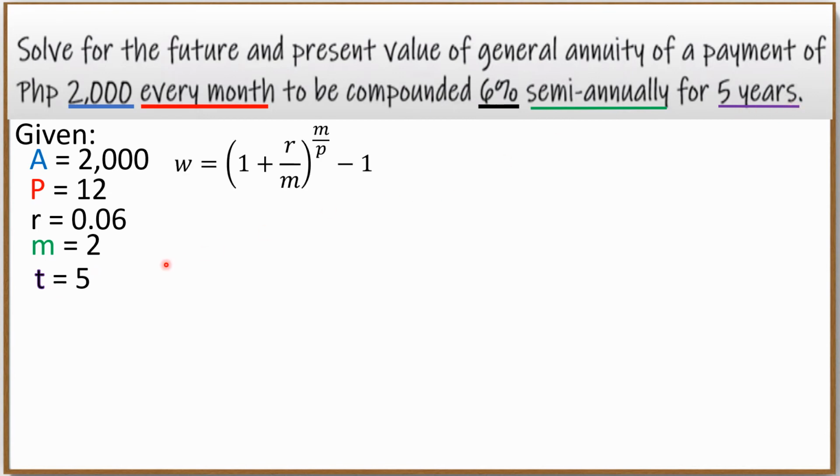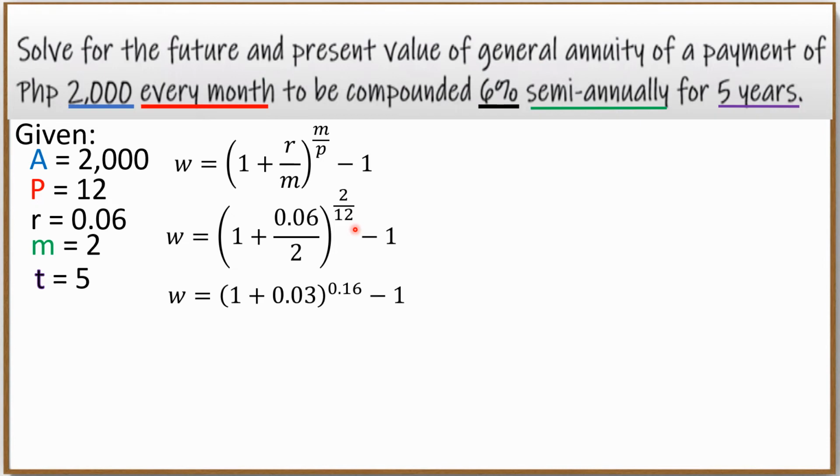Now let us find first the W. 1 plus R over M raised to M over P, minus 1. Just substitute. Our rate is 0.06. Our M is equal to 2. Our P is equal to 12. So you have here 0.06 divided by 2 is equal to 0.03. And how do you get the exponent?